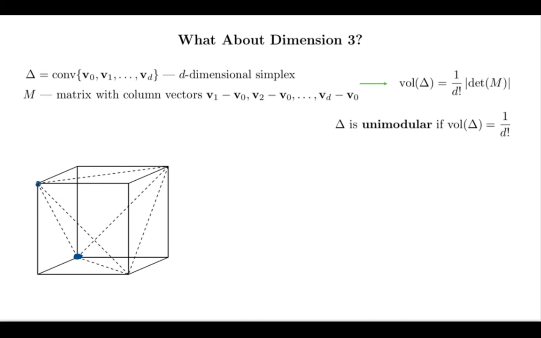Then I have a simplex whose vertices are the origin plus the 3 points. Maybe this is the point up here, 1, 0, 1. So the 3 points that have precisely 2 entries that are 1 and the third entry that's 0.